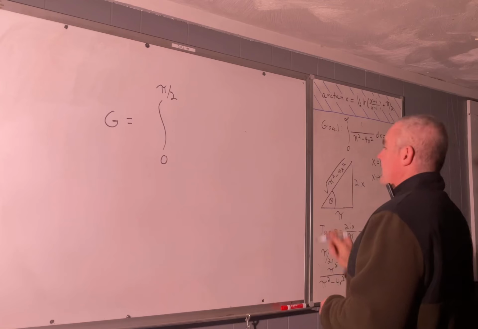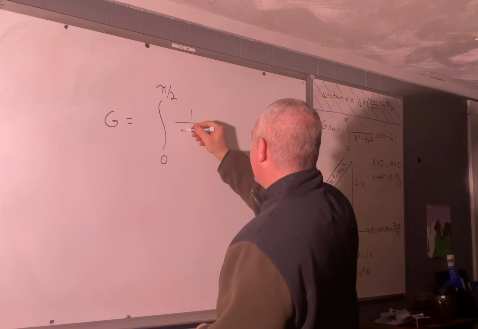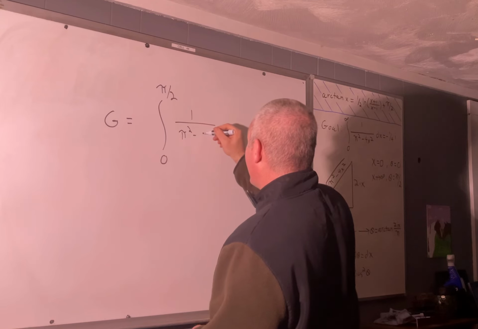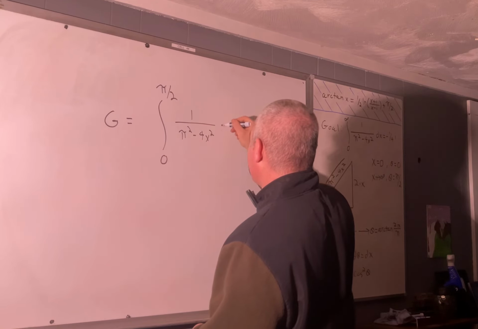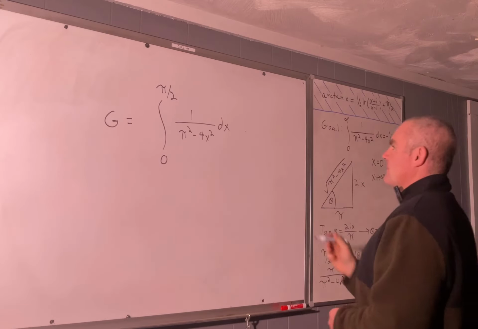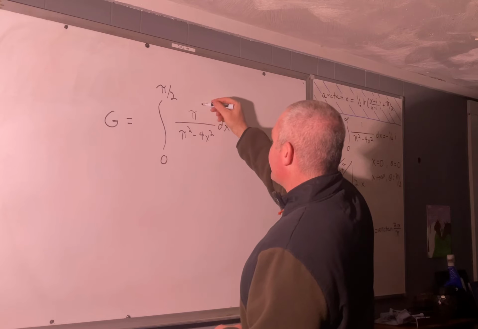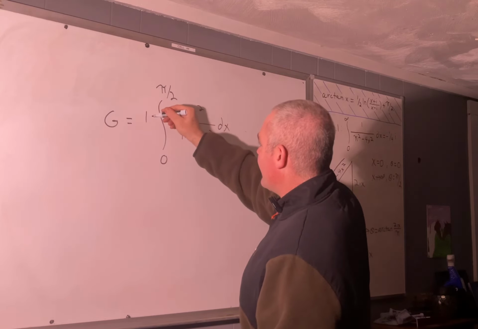And then our integral is this. We have 1 over pi squared minus 4x squared dx. So let's replace these things part by part. The first thing I'm going to do is multiply this by pi squared and then divide it out.